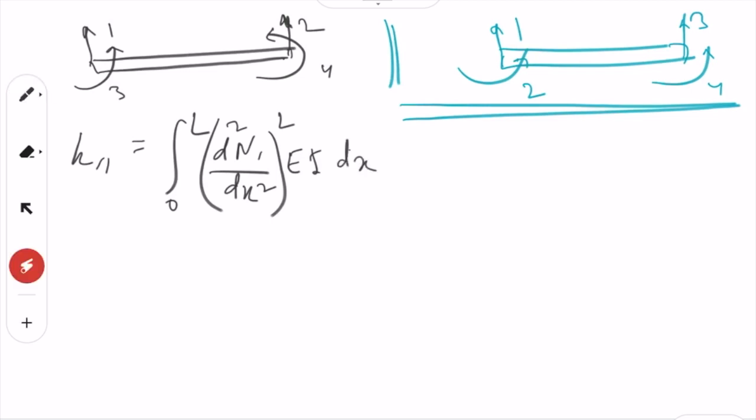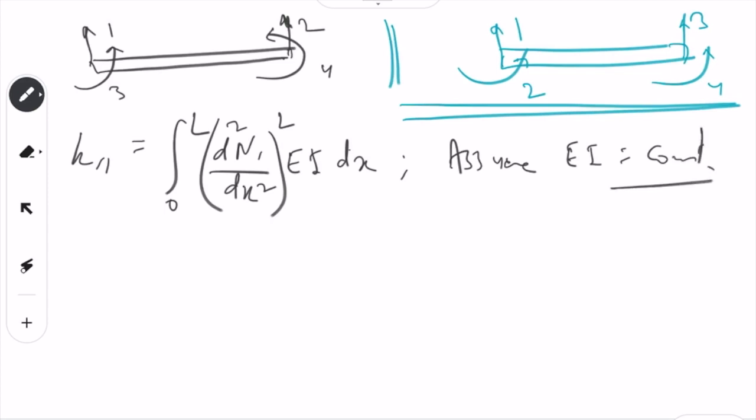Let us assume now, okay, assume EI equal to constant. For deriving K11, this may also vary along the length, okay, but for this particular example where we are going to calculate this K11, we are taking the EI as constant.